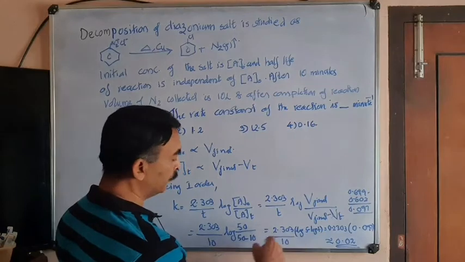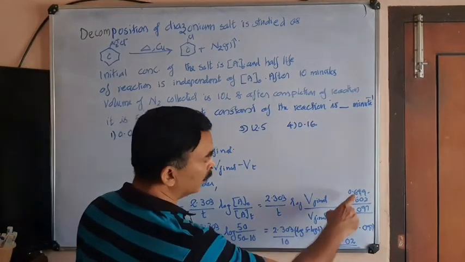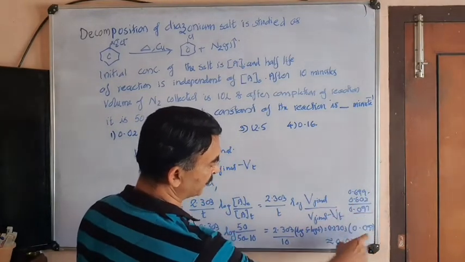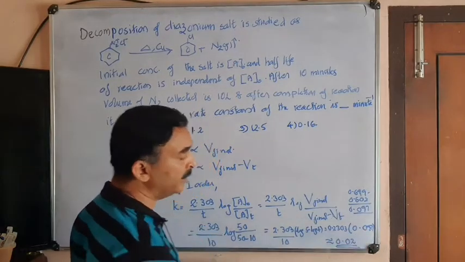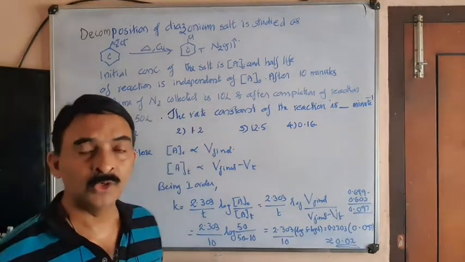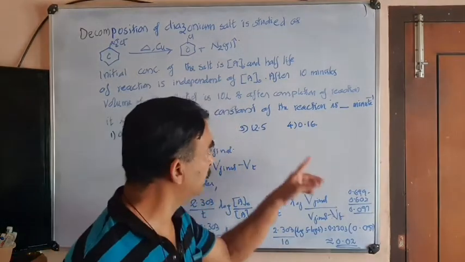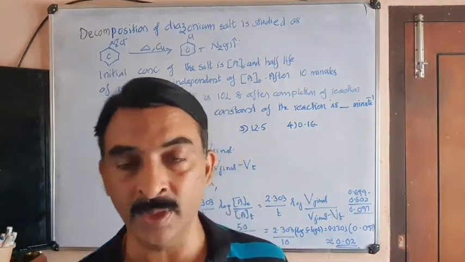Then log 5 minus log 4. Log 5 is 0.699, log 4 is 0.602, so 0.097. So the final answer is 0.2303 into 0.097, very close to 0.02. So our answer is 0.02 per minute, the first option. Hope you understood that.